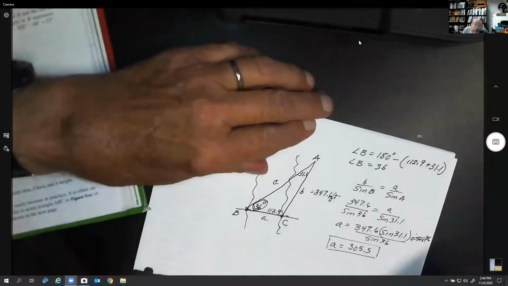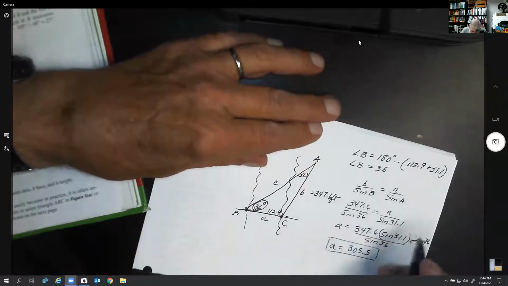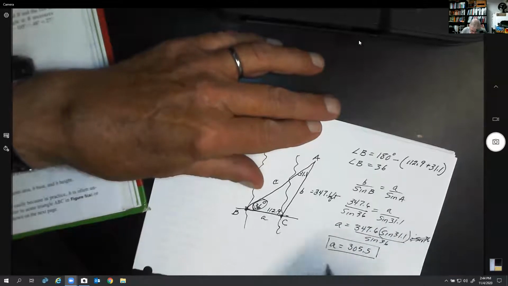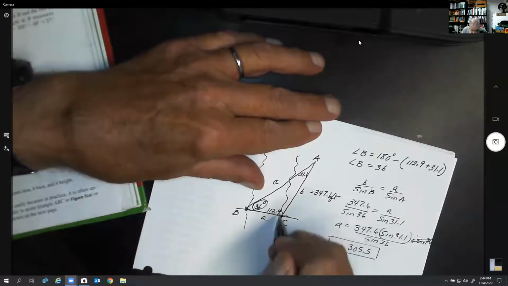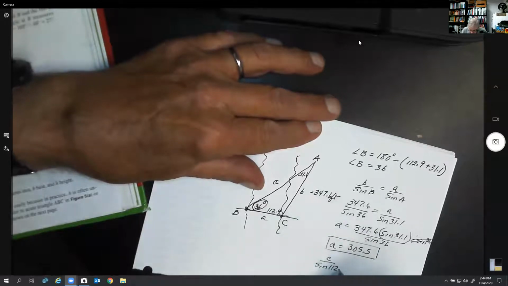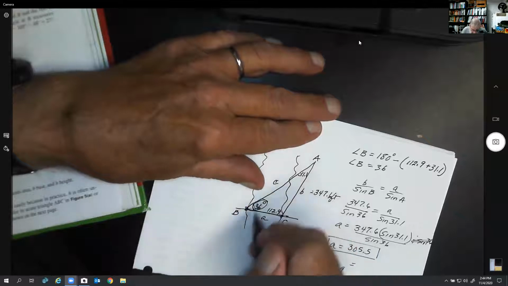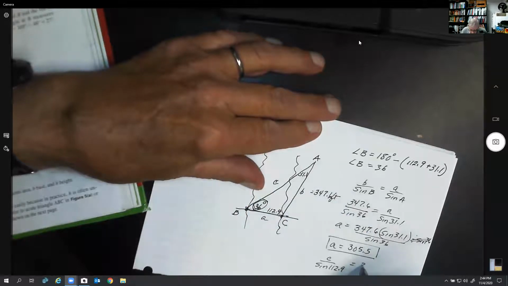Now, if we want to find side C, we could just say C is to the sine of 112.9 as B, which we know is 347.6, is to the sine of angle B, 36.